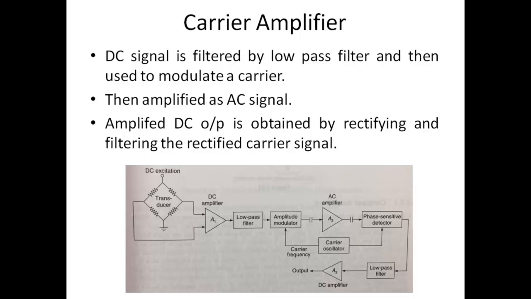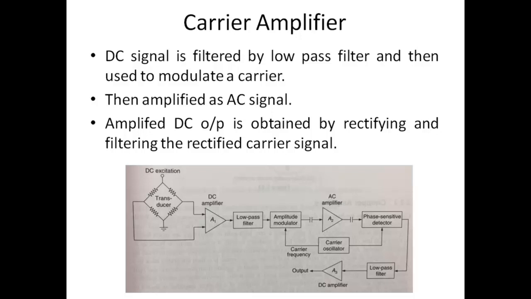So we take a sinusoidal carrier wave and modulate it with the DC signal obtained from the human body. Then it is amplified, transmitted, and at the end it is rectified and filtered just like any AC signal.